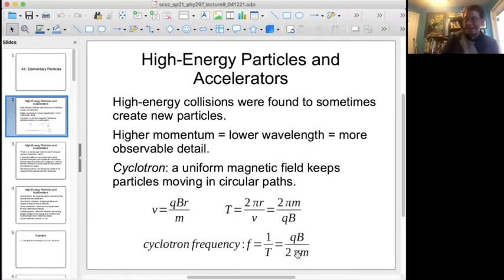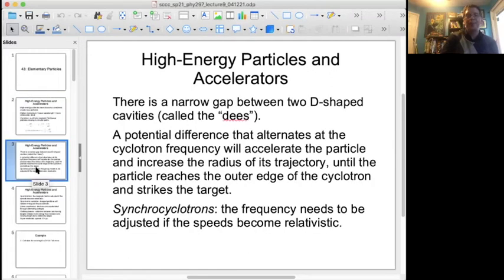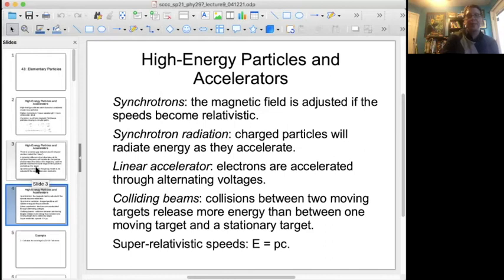So suddenly it is dependent on the velocity as gamma becomes noticeably larger than 1. So with synchrotrons, sometimes you adjust the magnetic field instead of the frequency to account for relativistic speeds. Synchrotron radiation happens when charged particles radiate energy as they accelerate.